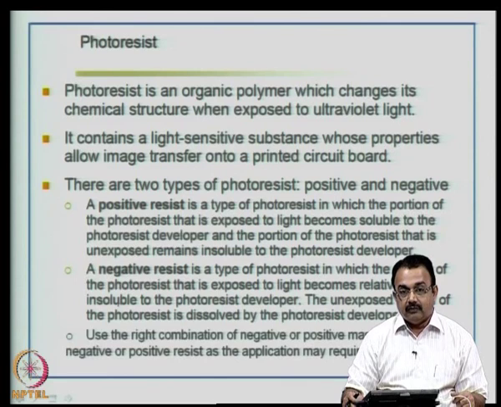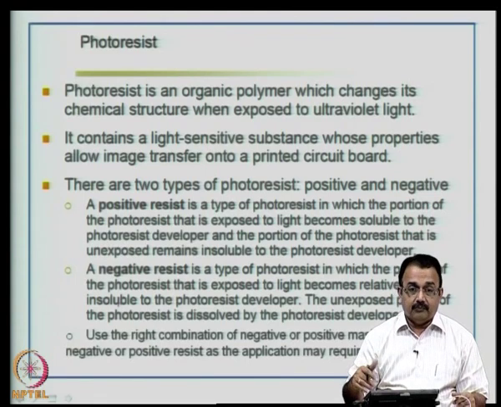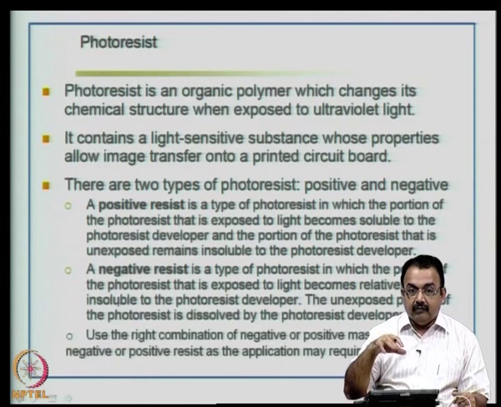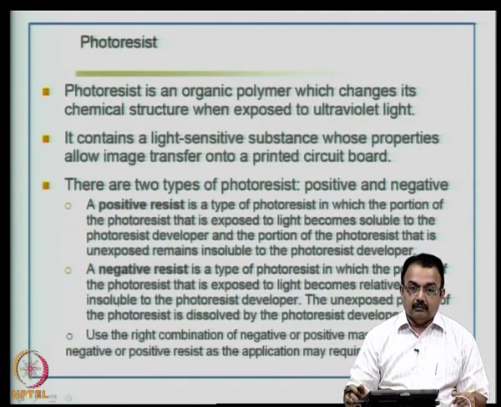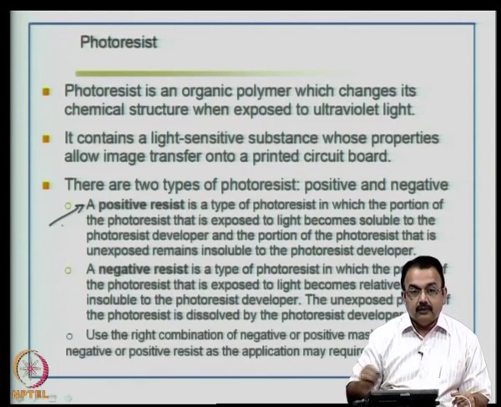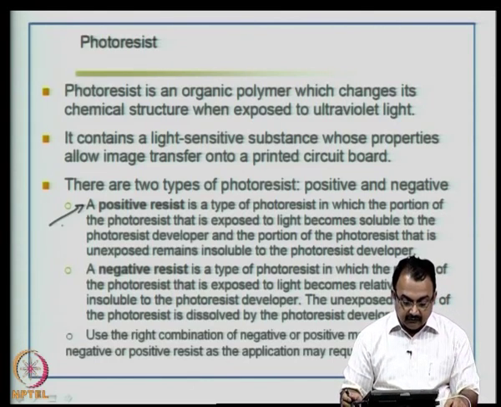In a positive photoresist, once the exposure to UV light is complete, the exposed areas become soluble and the portion of the photoresist that is unexposed remains insoluble to the developer and will remain on the surface of the board. So, understand what a positive resist is.